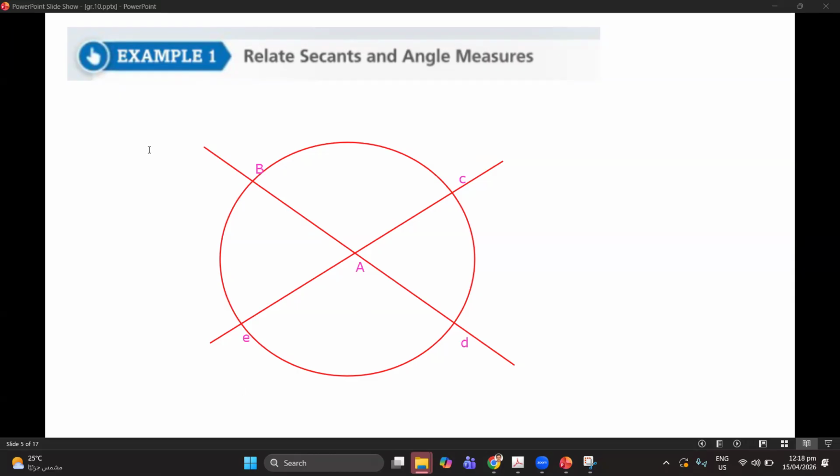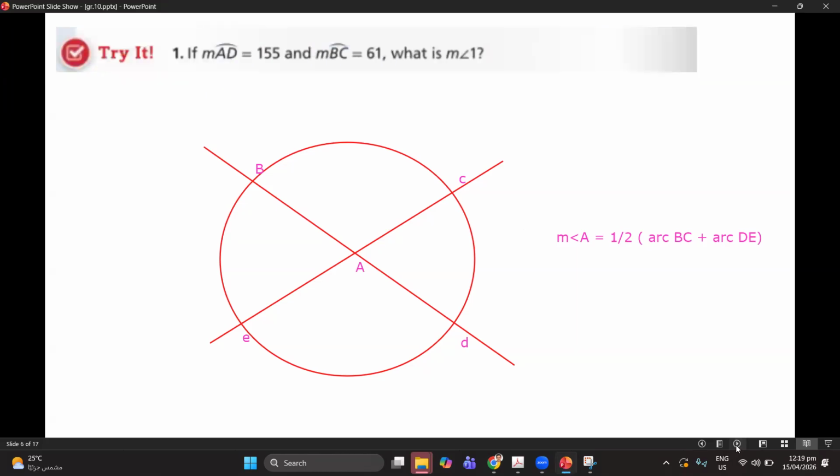Then the measure of angle A will be half the measure of the arc BC plus the measure of the arc DE.